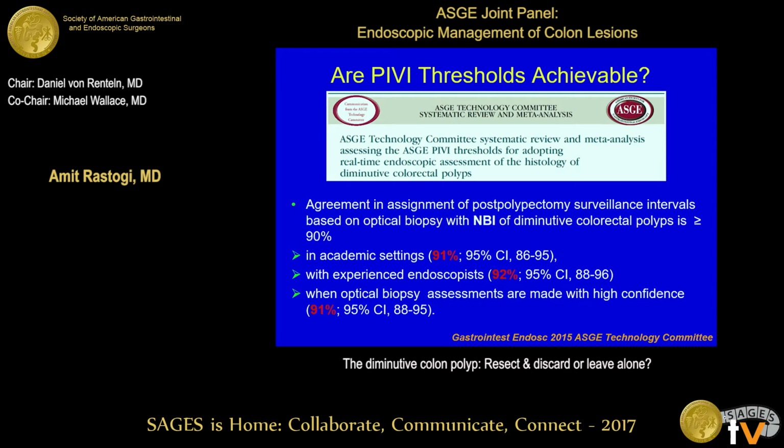So the question then comes is, these thresholds have been set by the ASGE in the PIVI guidelines or the PIVI paper. Are these achievable? And multiple studies have been done, and this was a meta-analysis that was published, which said that the first threshold, in which we talk about the agreement in the surveillance intervals, was achieved, with a greater than 90% agreement in academic setting with experienced endoscopists, and when the optical biopsy assessment was made with high confidence.